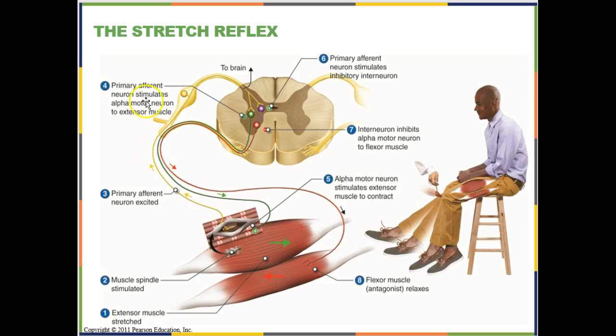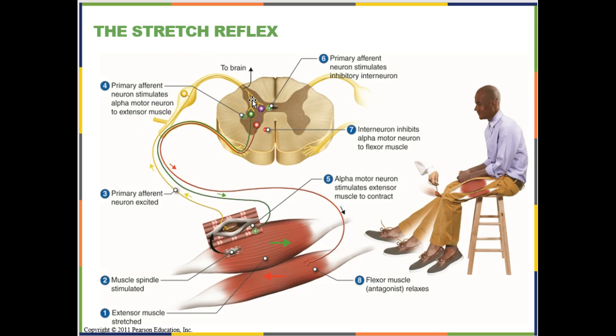So what you want to know is what is going to happen to each neuron and at each synapse within the reflex. So we start here with the stretch receptor, which is called the Golgi tendon organ, but we don't necessarily need to know that, right? This yellow sensory receptor is going to get excited.